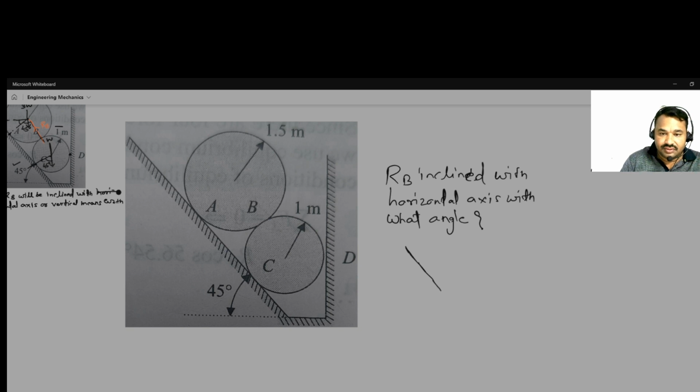This is RB, so it is inclined with the horizontal at what angle? This we have to find out. If it had been the same diameter, it would not be difficult, but the diameters are different, so it becomes a little bit difficult.